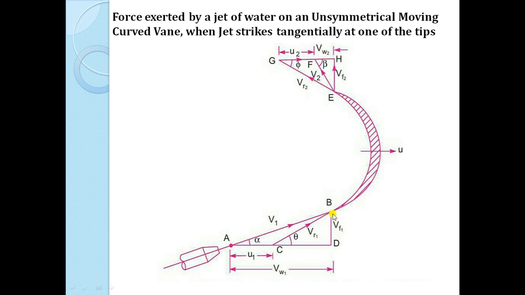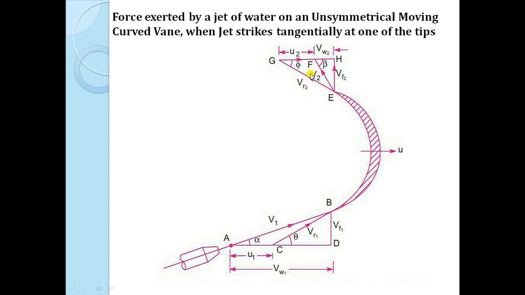Vf1 is the perpendicular component of V1 and Vw1 is the horizontal component of V1. So Vf1 is the velocity of flow at inlet, and Vw1 is the whirl velocity at inlet. We will discuss how to draw this velocity triangle diagram slightly later, but let me tell you now about the notations.